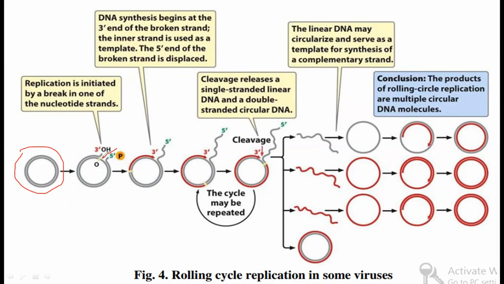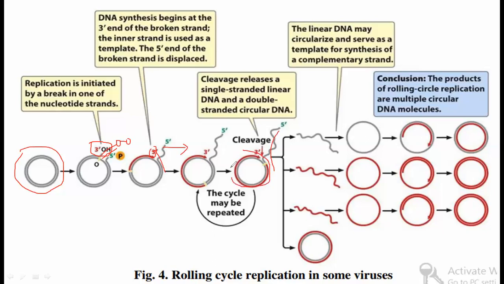Here, one of the nucleotide strands gets cut and exposes a 3-OH end. You know, it's a 3-OH to which the nucleotide is added. We had a discussion in unit 1 that at the 3-OH, the nucleotide gets added. If this is the free 3-OH, it will start extending, and this 5 segment gets released.